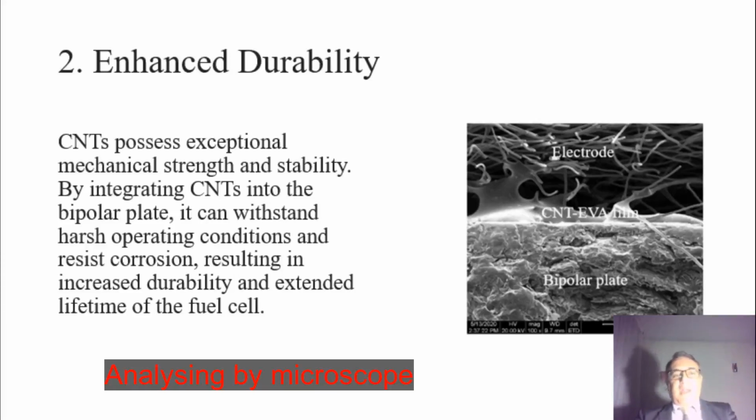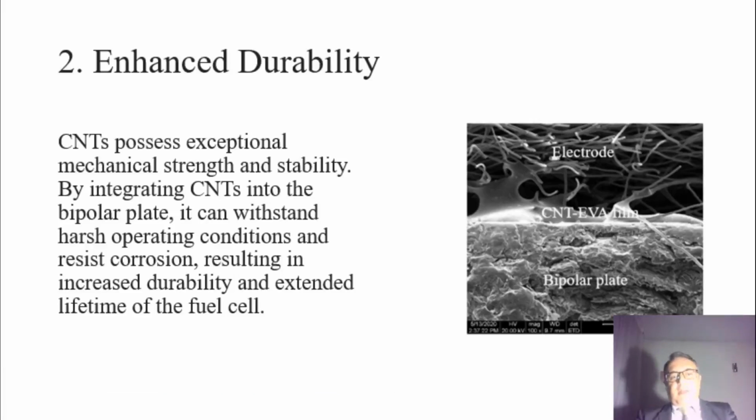It also has resistance to corrosion, which increases durability and extends the lifetime of the fuel cell. I told you, because of the water, you will see the corrosion, and also because of hydrogen, we need something to withstand it well.